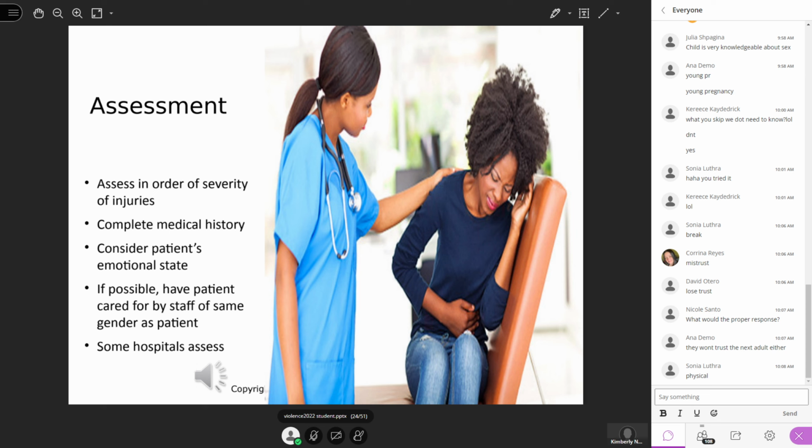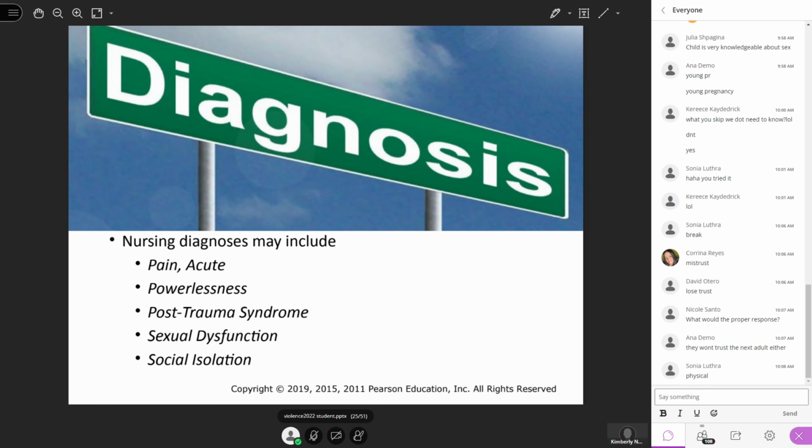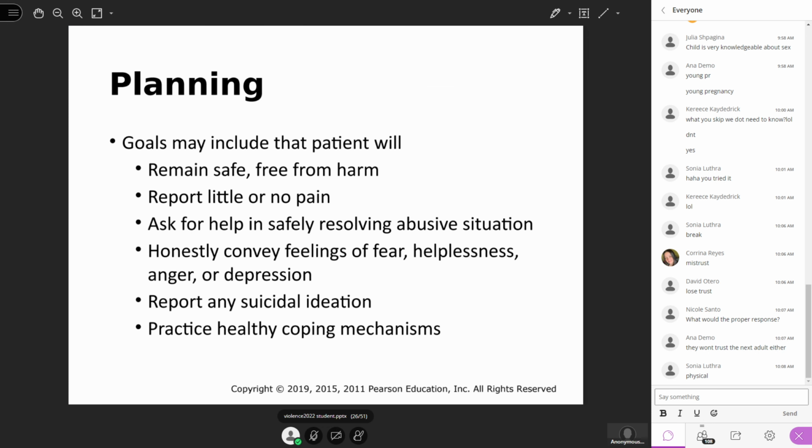We're going to assess the patient's mental and emotional state, and we're going to try to help them the best that we can. We're going to diagnose them. These are some of the things that we will see as possible diagnoses. We're going to come up with a plan for them.